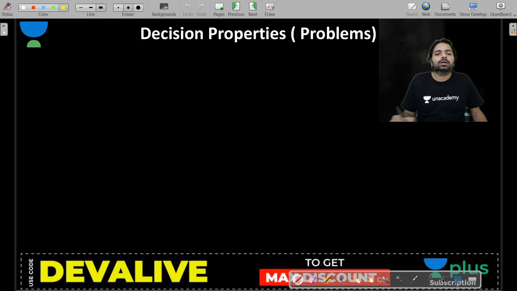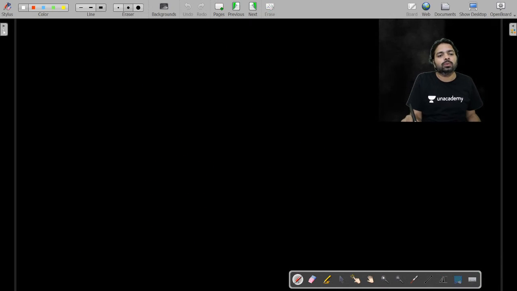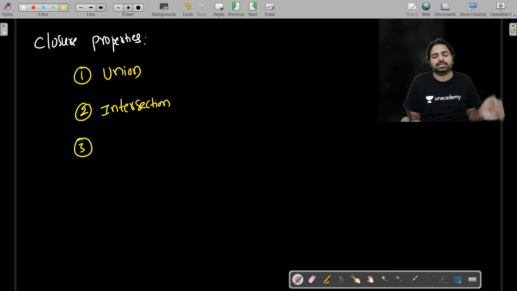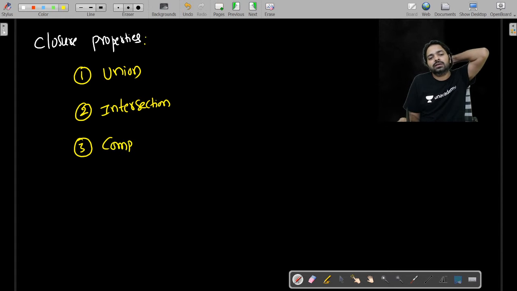Okay, let's talk about what decision properties we have. And before this, I even told you closure properties in the previous sessions. Have you studied closure properties, guys, for various domains? Do you remember, like union, intersection? The domain keeps changing as per your interest, but the operation definitions never change. Complement and so on.